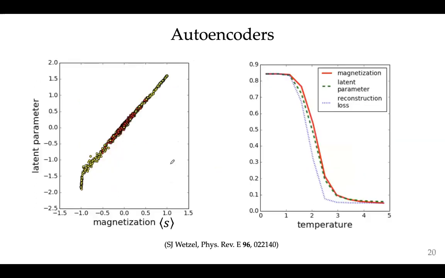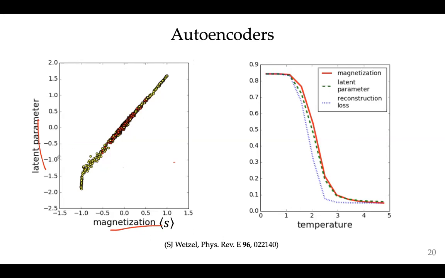It turns out if you use this for spin models, the Ising spin model, there is a latent parameter and the magnetization, and they are linearly correlated. You can see it here. As the magnetization changes, the latent parameter changes linearly.